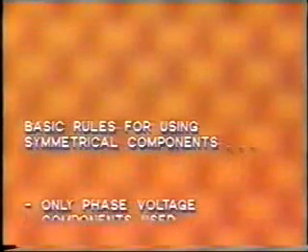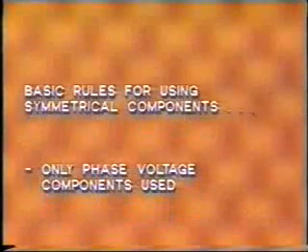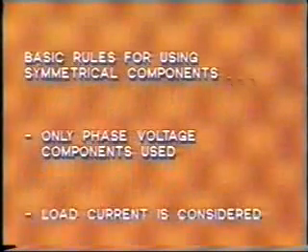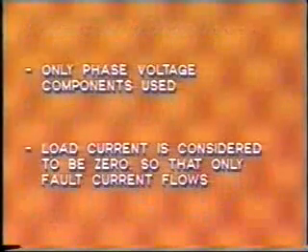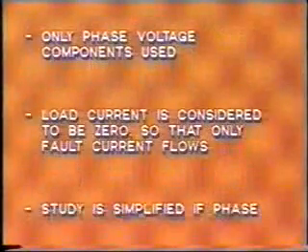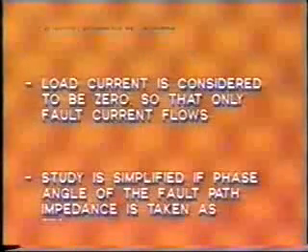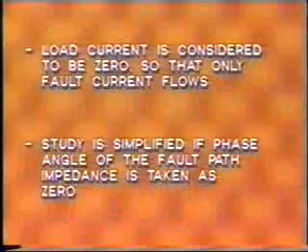In fact, any unbalanced system of currents and voltage can be represented by a combination of positive, negative, and zero sequence components. There are several basic rules we should remember in connection with this method. Only phase voltage components are used. The load current is considered to be 0, so that only fault current flows. Current in the uninvolved phases is taken as 0.